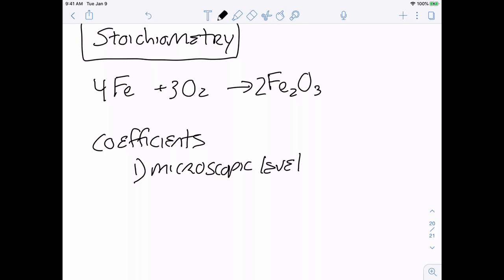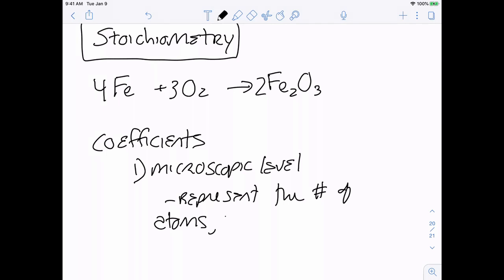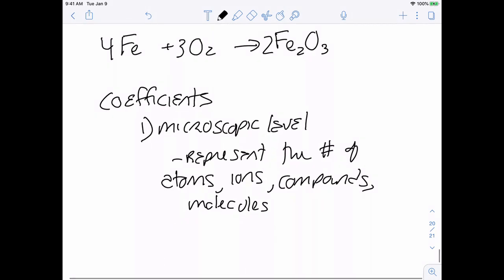So those coefficients can represent the number of atoms, if I had an ion, it could represent that, compounds, molecules, etc. Right? So 4 atoms of iron, 3 molecules of oxygen. So on a microscopic level, so right, something small that we can't really handle.